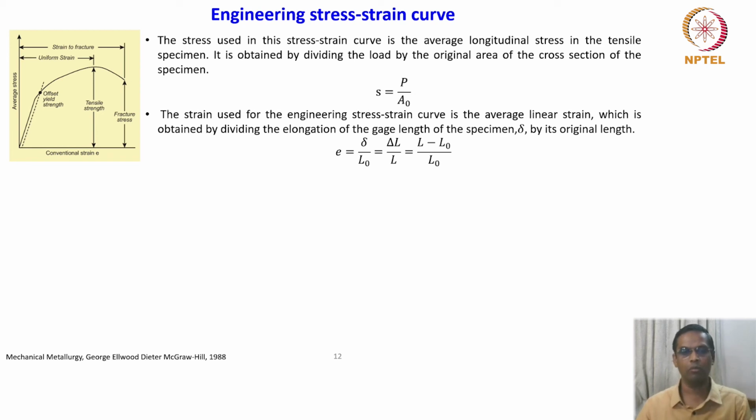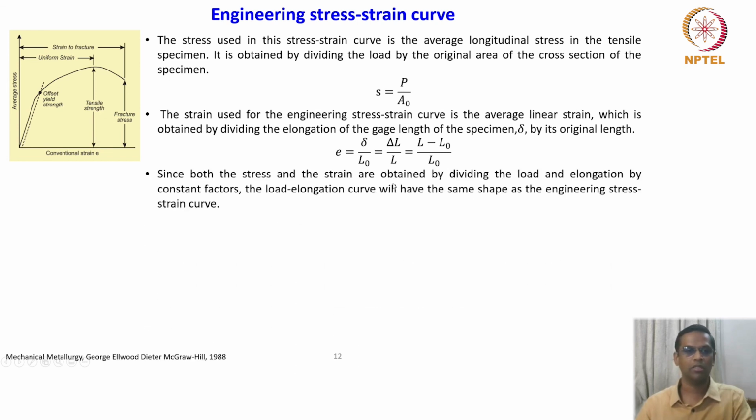But we are talking about average stress and average strain, which is obtained by dividing the elongation of gauge length of the specimen, which is delta, by its original length. So e is equal to delta by L naught, which is equal to delta L by L, which is equal to L minus L naught by L naught.